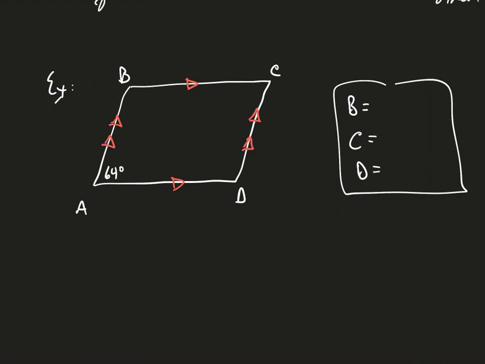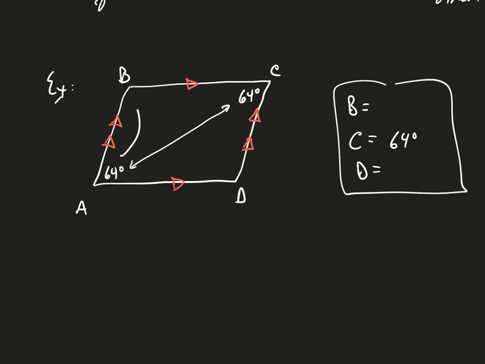Theorem 8.4 above says that opposite angles are equal. So if this angle is 64, the angle directly across is also going to be 64. Opposite angles are equal. And then theorem 8.5 says that consecutive angles are supplementary.